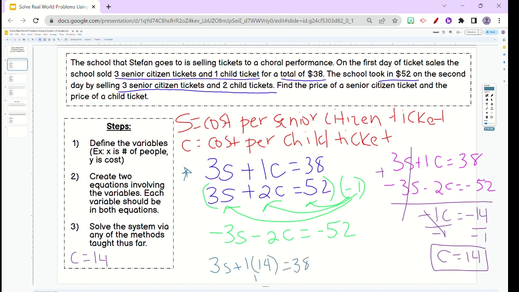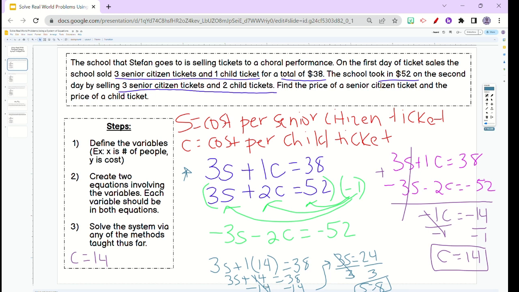All right, well, 1 times 14 is 14. And then if you subtract 14 on both sides, we have 3S is equal to 38 minus 14, which gets us 24, divided by 3, which gets us S is equal to 8.